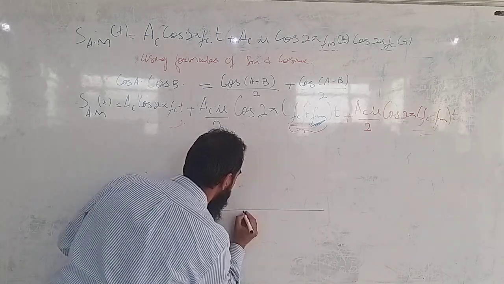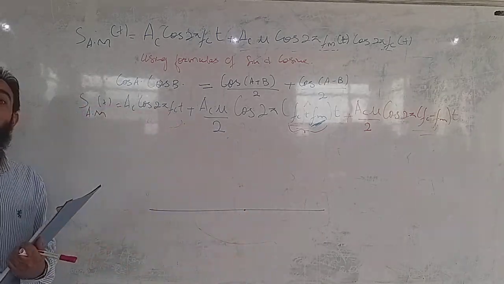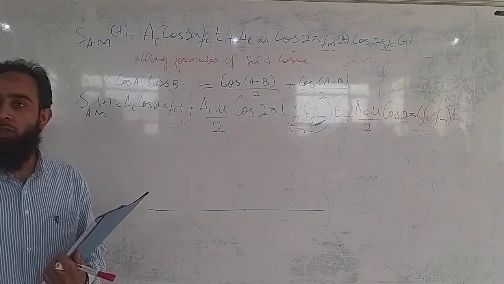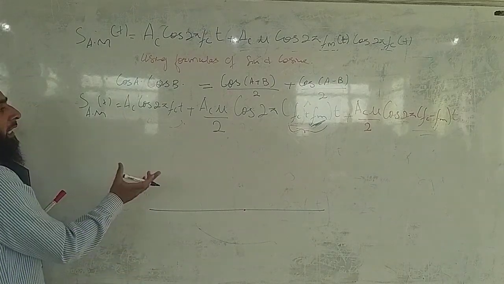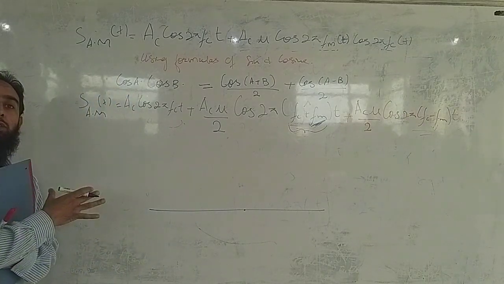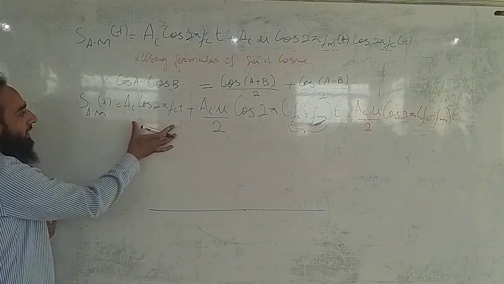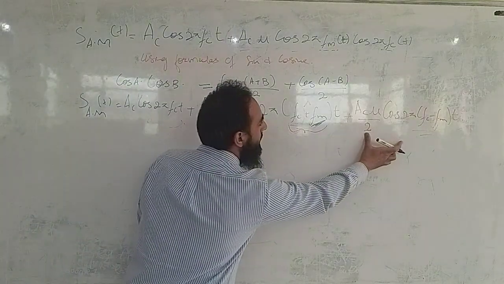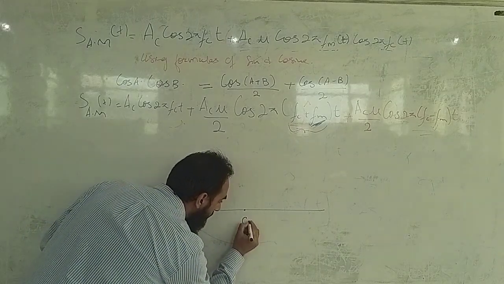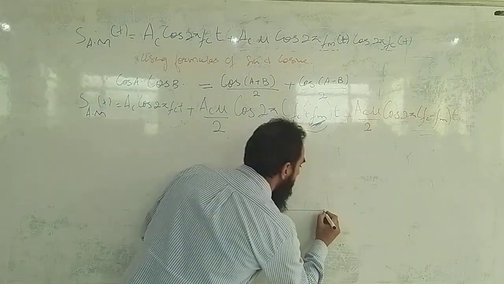The definition of a spectrum is, once we come to know which frequencies are present in a signal, we are able to identify the spectrum. Now we can clearly see in this particular signal, we will learn how we draw the spectrum. We can see here we have three parts. This is the 0 point.